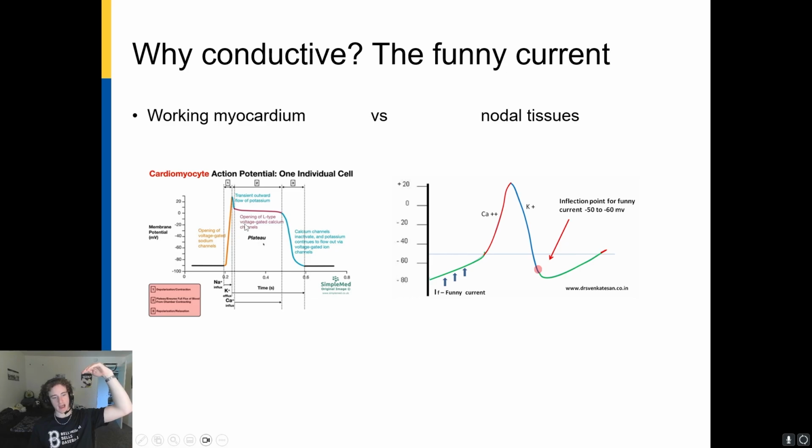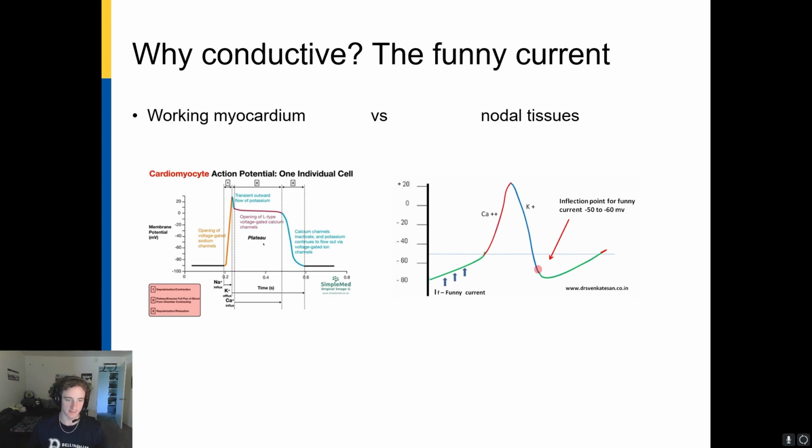We have an outflow of positive potassium, but also an inflow of positive calcium. That maintains the action potential at this level, which allows the ventricle to, in the orange, contract, and then hold for a second to make sure all the blood gets out, and then it can release once the calcium channels inactivate.